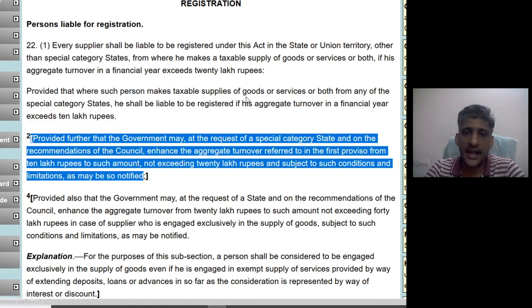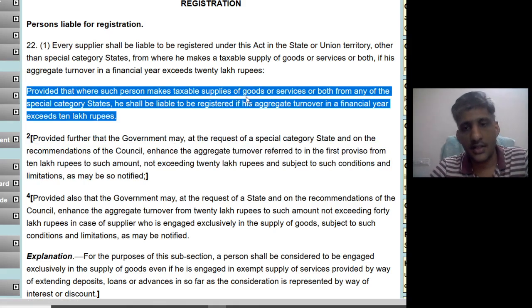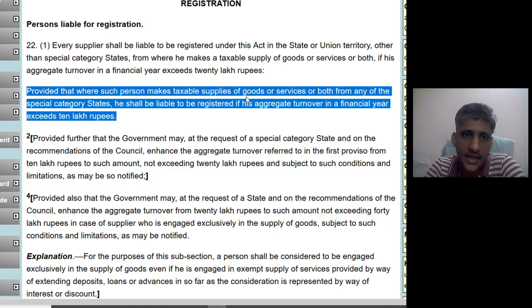So if the special category states want, instead of having 10 lakh as a limit, they can also go to the limit of 20 lakhs. Till now no such state has gone to it. Okay, therefore if it is a normal state it is 20, if it is special category it is 10.